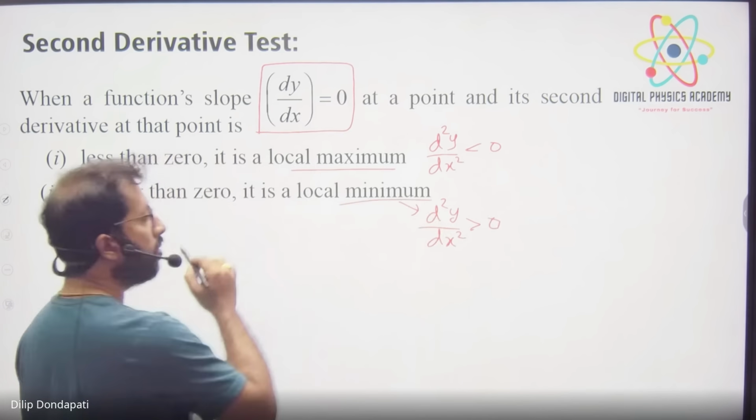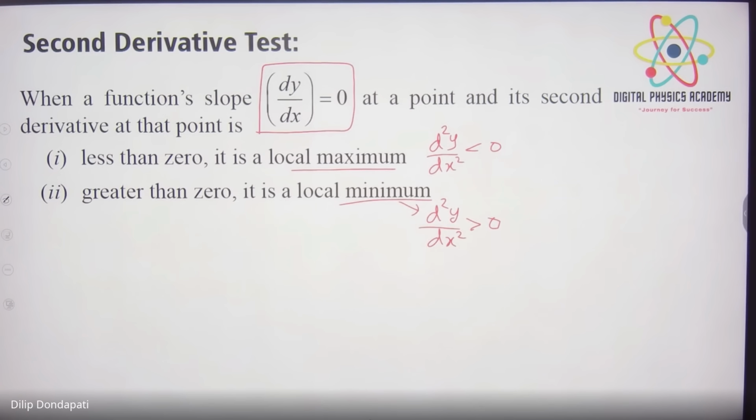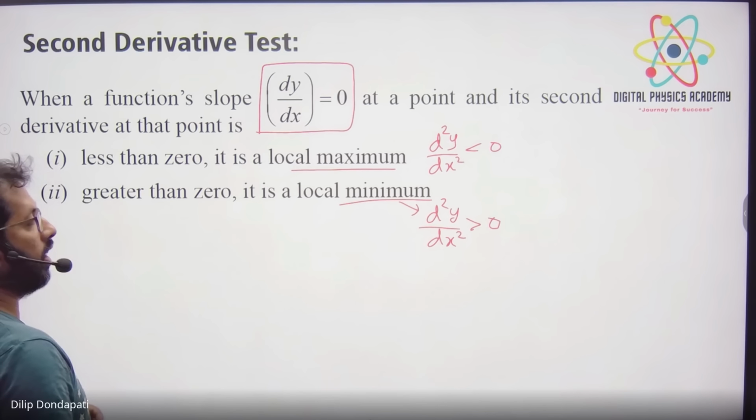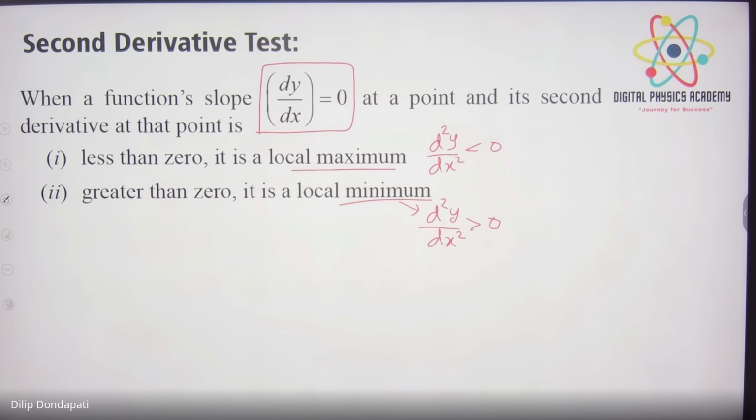Then it's called a minimum point. Copy down. In the question, indirectly they will ask at what point of x the maximum will be, at what point of x the minimum will be, and we have to find it. And we can also calculate the maximum value of y using these formulas.